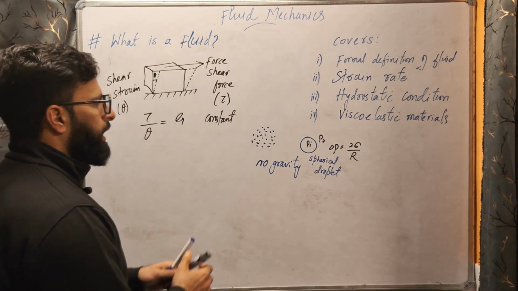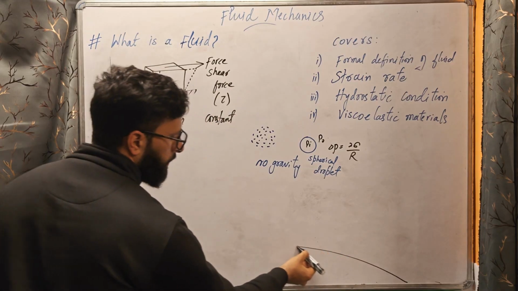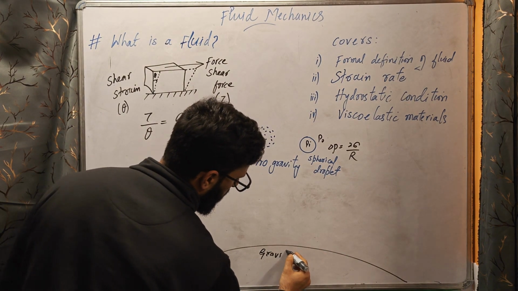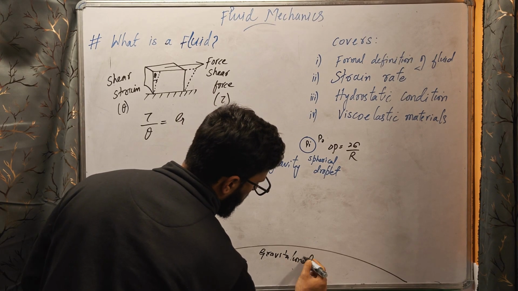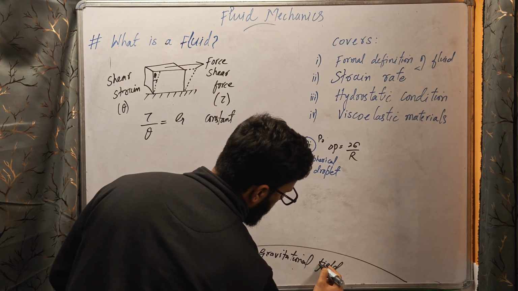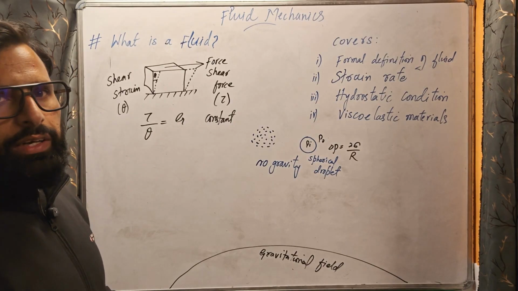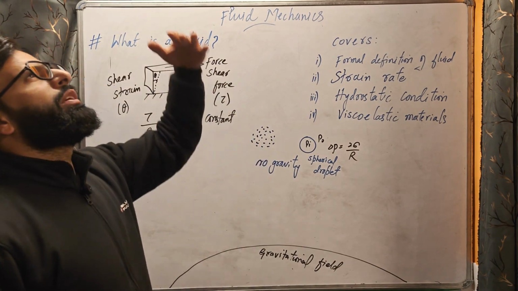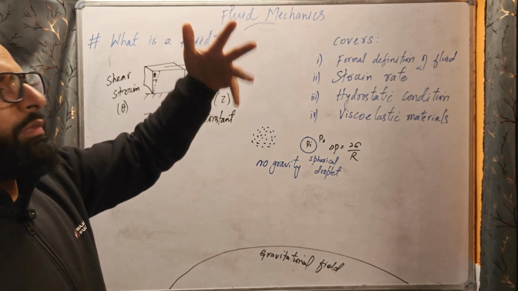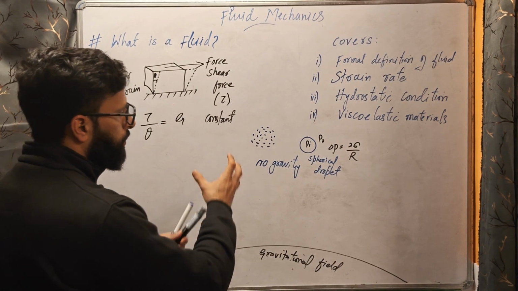But what happens if I leave this mass of liquid inside the gravitational field? Means if I leave it here on the earth, anywhere on the surface of the earth, or even above the surface of the earth, up to the point where there is a significant effect of the gravitational field, what will happen is it will flow.